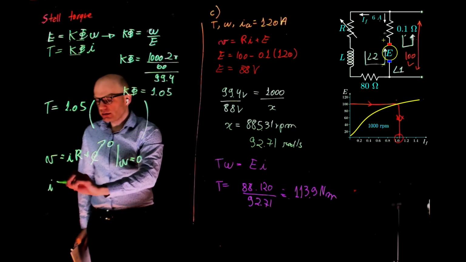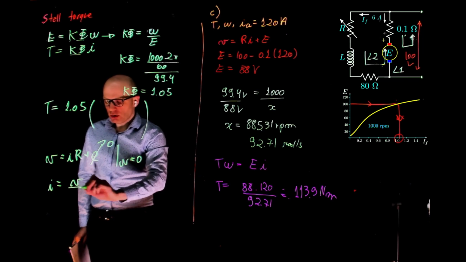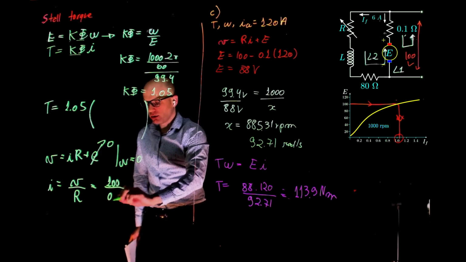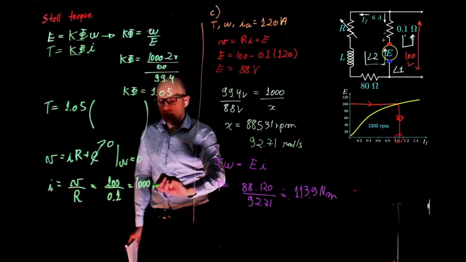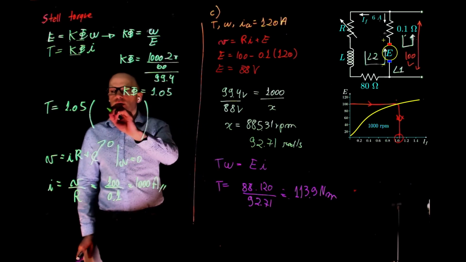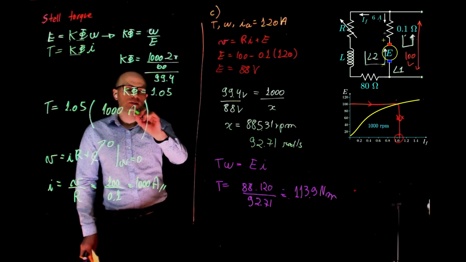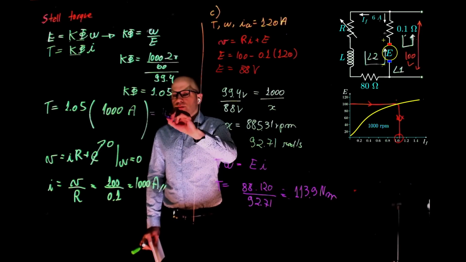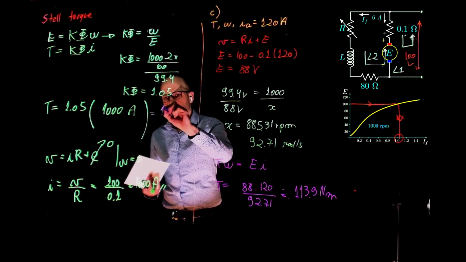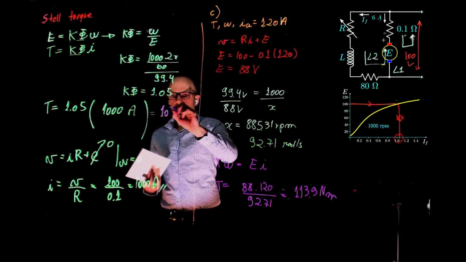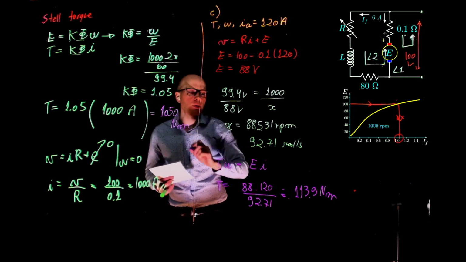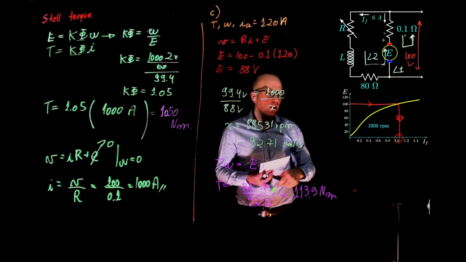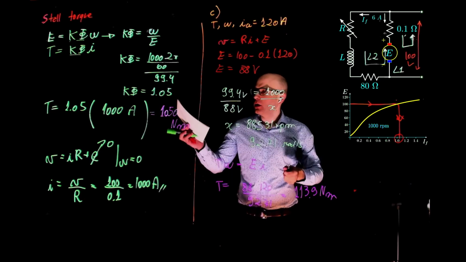That means the current will simply be V over R, which is 100 volts divided by 0.1 ohms, 1,000 amps. And this then gives 1,050 Newton meters of stall torque. So if you hold the motor steady and turn it on, it will develop this much torque.